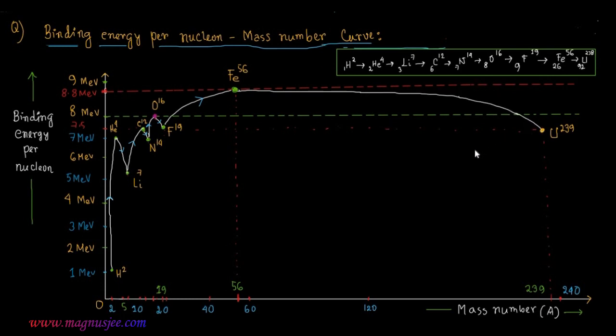This is the binding energy curve between iron and uranium 239 nucleus. Here iron exists at the highest position of the binding energy curve, having the maximum value of binding energy. That's why iron is the most stable element. Most stable element is iron 56.